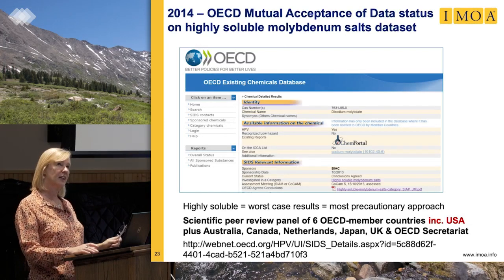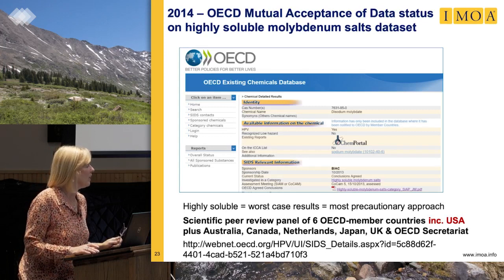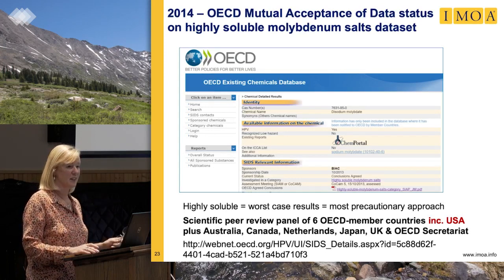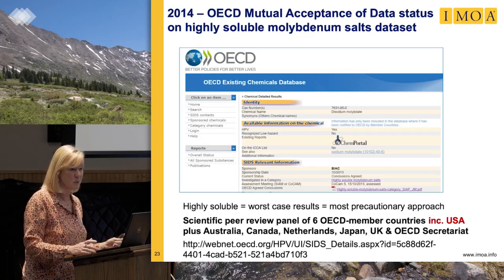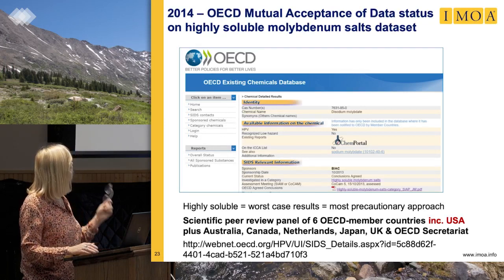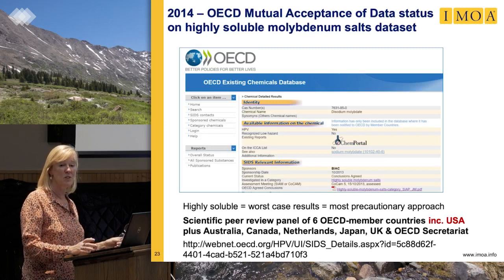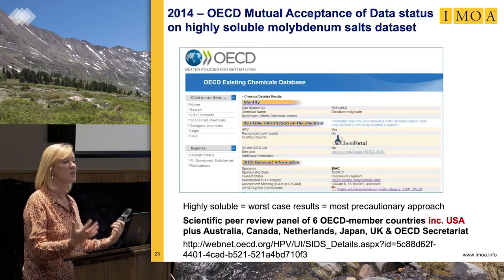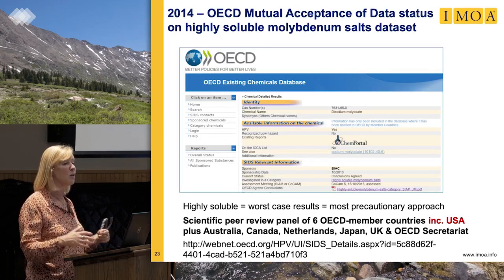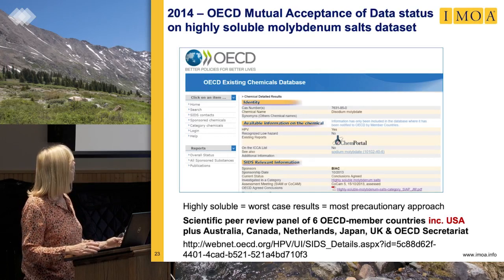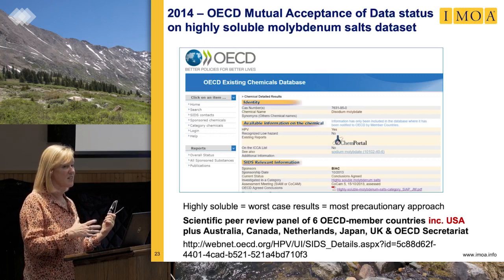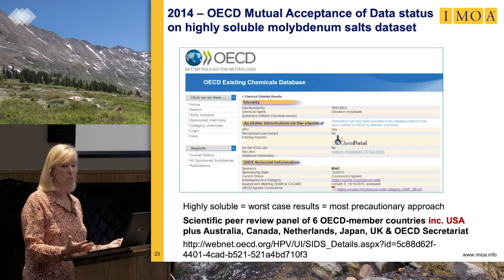And you might think, well, okay, but it's moly disulfide that they're mining up there, which is not so much of a soluble substance, which is good. But we use for our testing the most soluble substance, because that gives you the worst case result. It's most available to be taken up by the organism. And so if you get the worst case result, that is also the most precautionary approach.